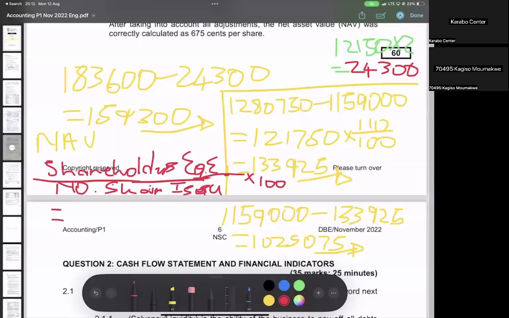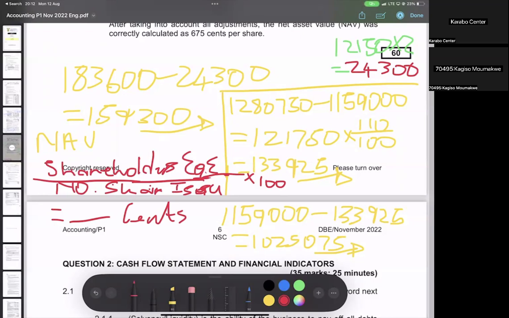It will give us something cents. Shareholders' equity is made out of retained income plus ordinary share capital, divided by the number of shares, times 100, equals something cents.